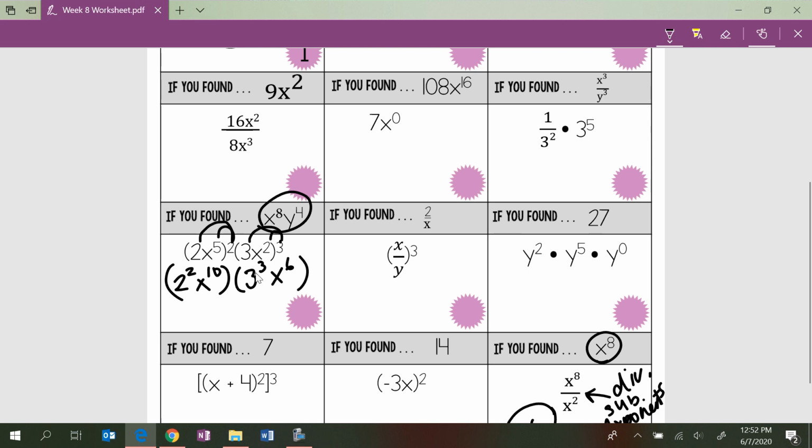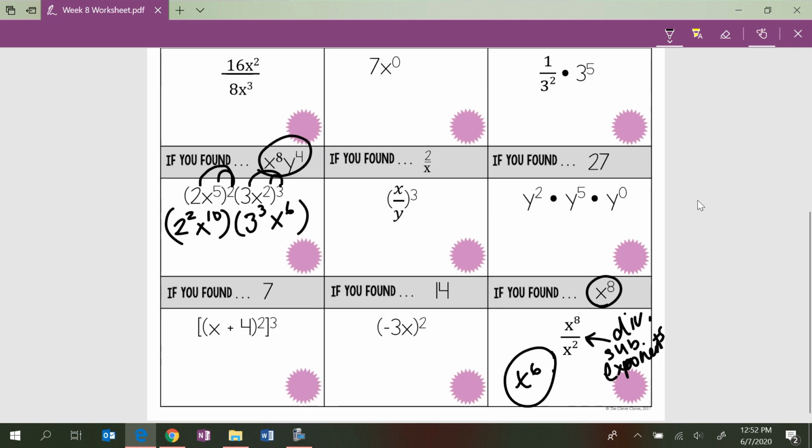Now we're not quite done because we can still combine and simplify a little bit more. I know the fact that 2 to the 2nd is 4, x to the 10th. And then 3 to the 3rd is just 27, x to the 6th. Then we are going to have to multiply these out. 4 times 27 gives me 108.